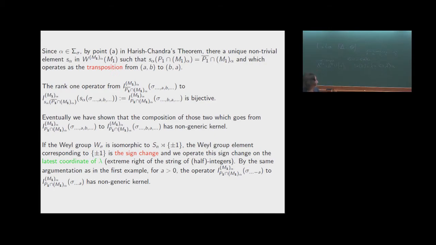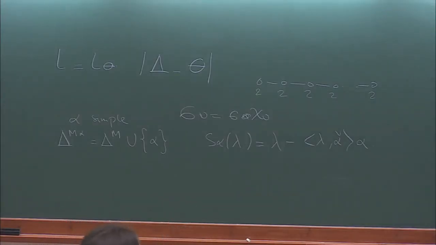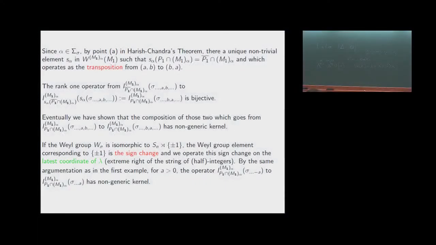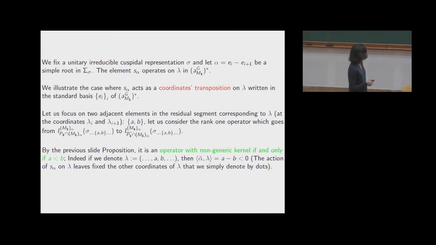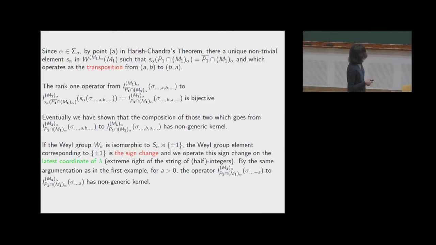If you apply this to these coordinates, you just permute the coordinates i and i+1. In the end, the composition of these two operators gives you, in the context where you started from a inferior to b, a permutation of those two coordinates, and this map has non-generic kernel.